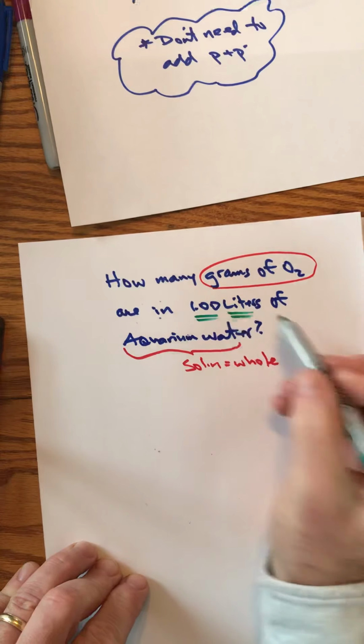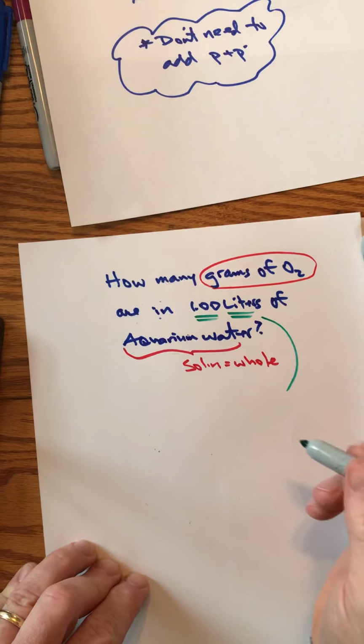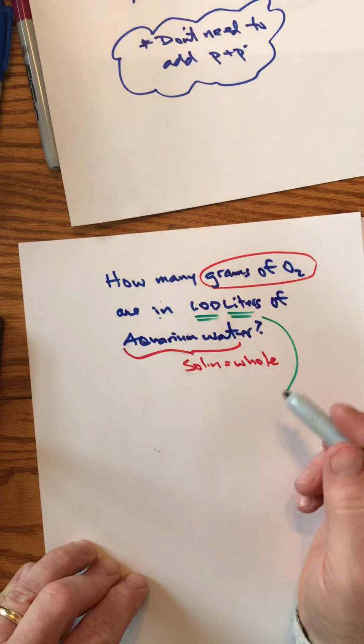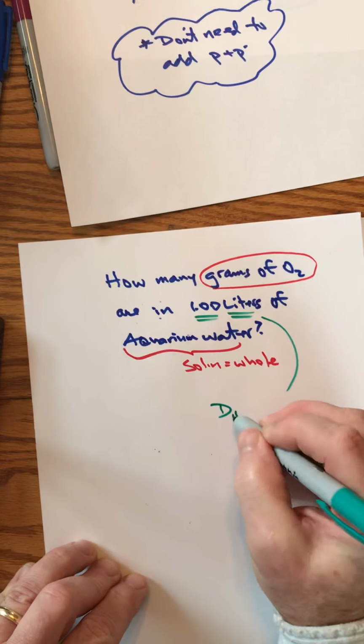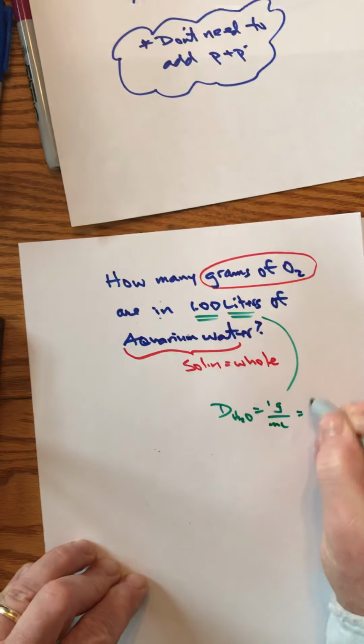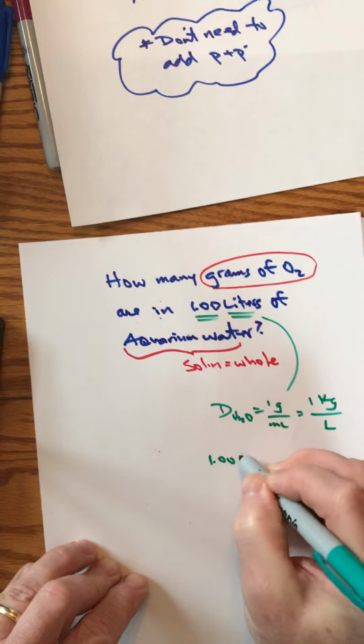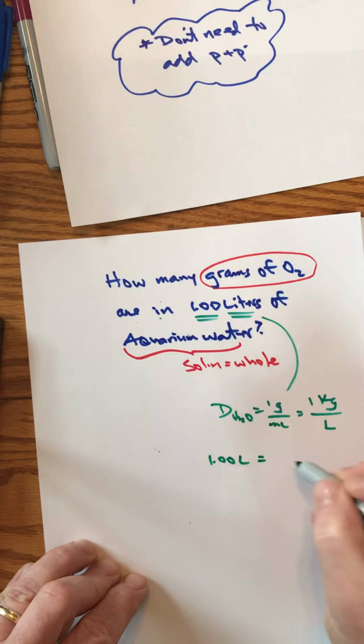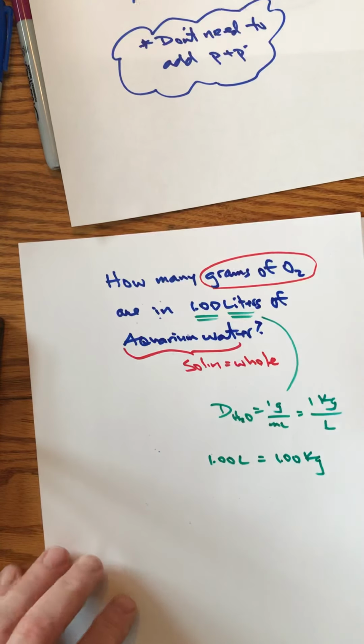the worksheets seem to really want to hammer home that the density of water is 1 gram per mil. So if it's 1 gram per mil, it's 1 kilogram per liter. So 1 liter of aquarium water is 1 kilogram of aquarium water.